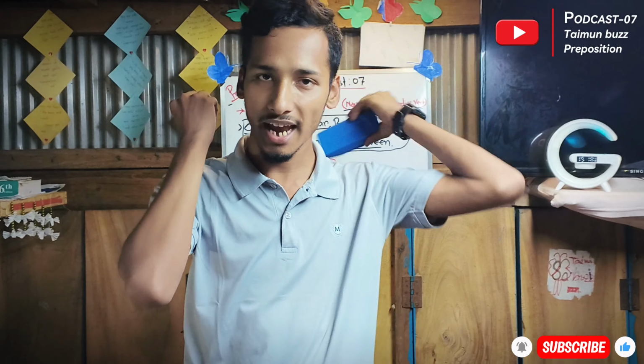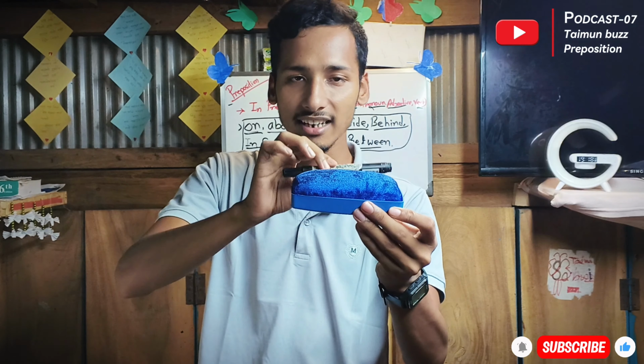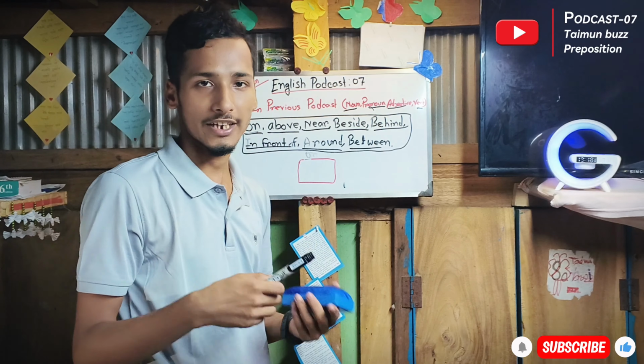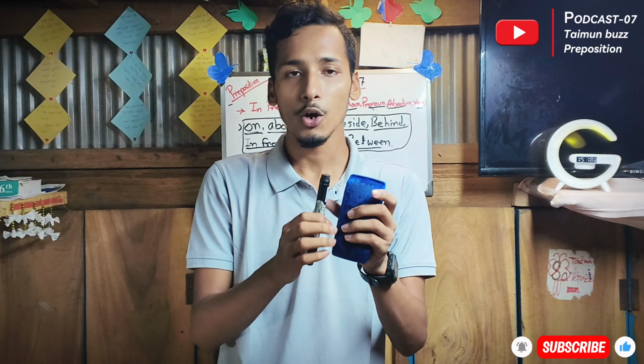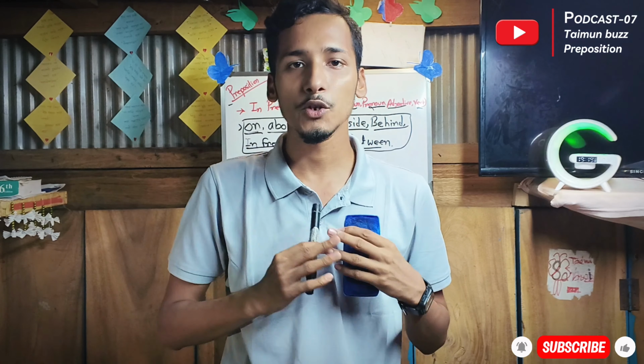The duster is behind me. Do you understand? Now the pen is behind the duster. Then in front of. The pen is in front of me. The duster is in front of me. When something is in front of you, you can use in front of. This is a preposition.